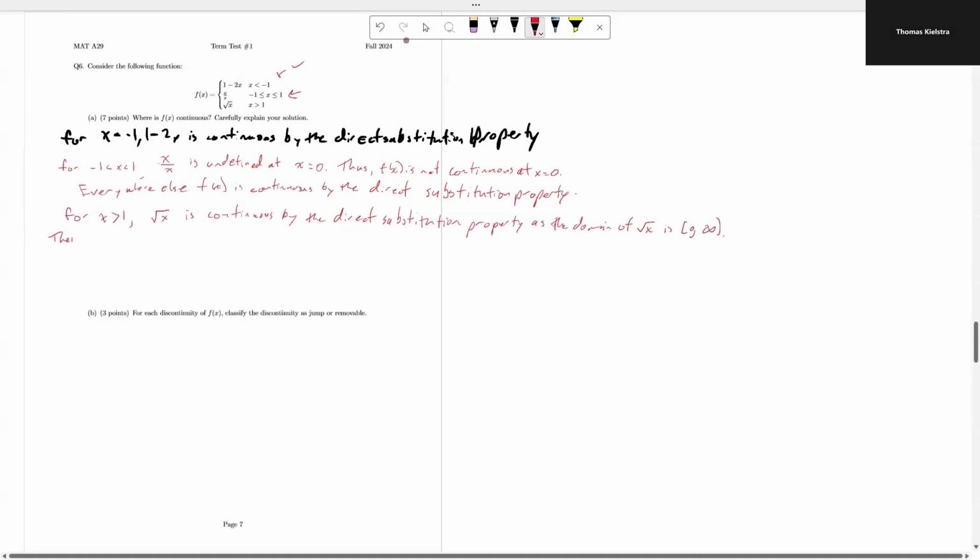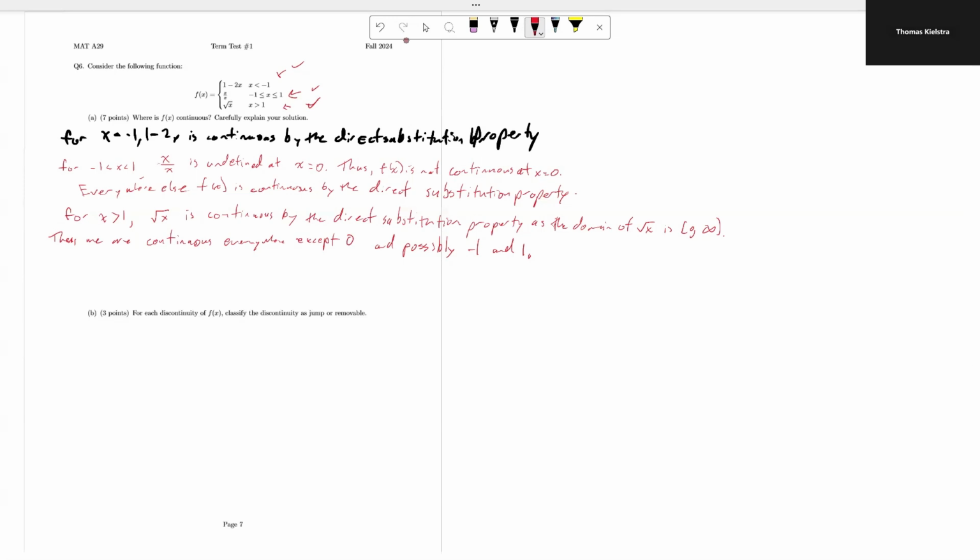Thus, we are continuous everywhere except 0 and possibly minus 1 and 1. So for each of these intervals, I went through and looked at the function within that interval.